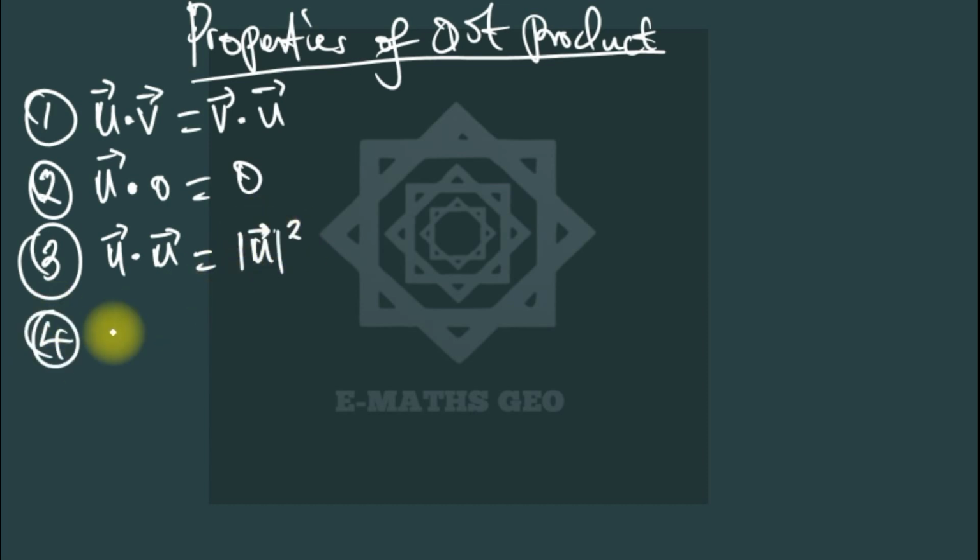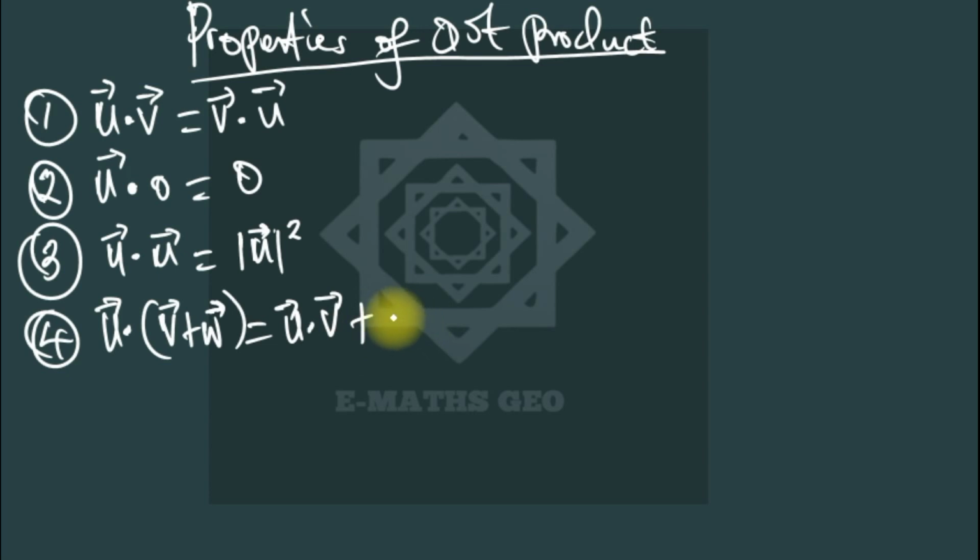And finally, if you have u dot vector v plus w, the dot product of this is the same as u dot v plus u dot w. So these properties will help us, especially the third one, will help us to get the angle between two vectors.